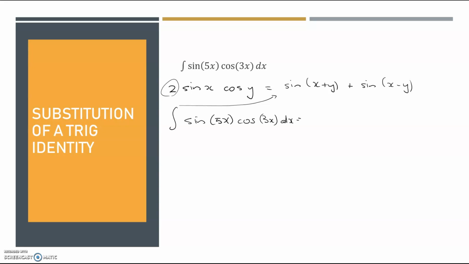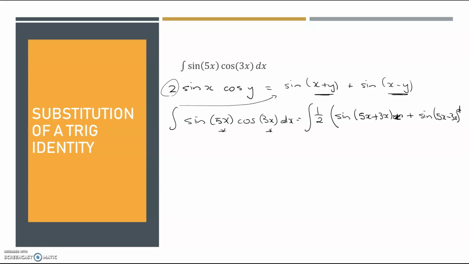and remembering that we've shifted the half over, then we've got the integral of a half. Now the first part is we have to add the two components there, plus, and then we have to subtract, so it would be sine (5x minus 3x).